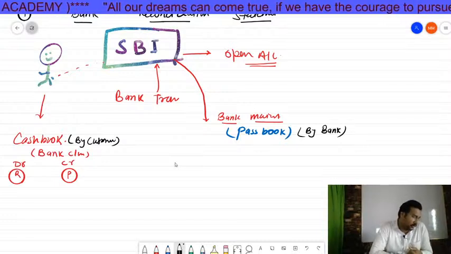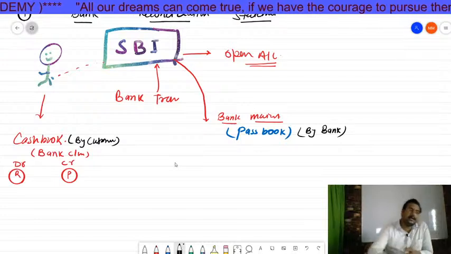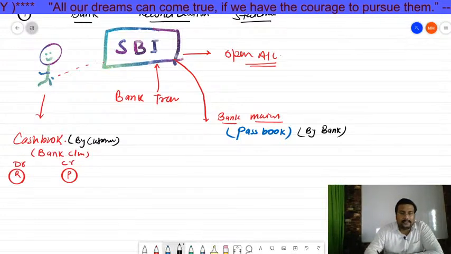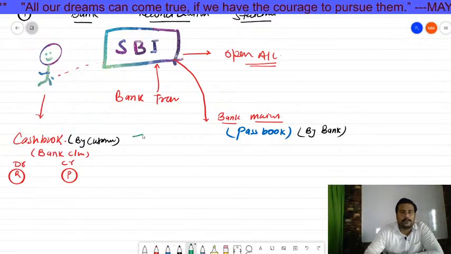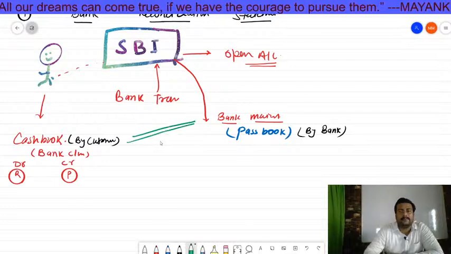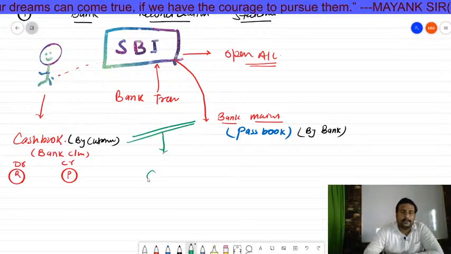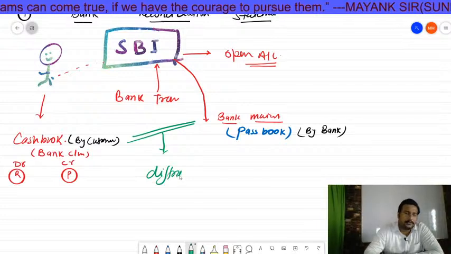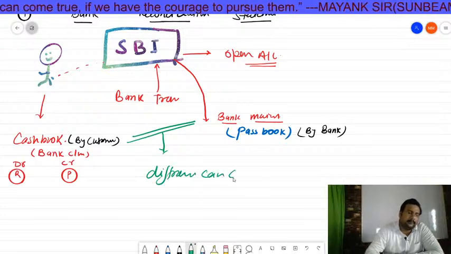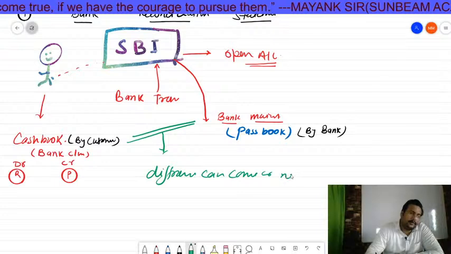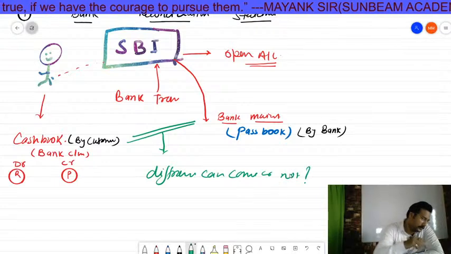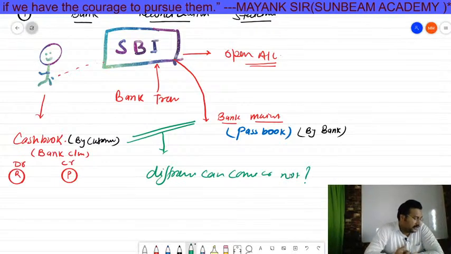It can be, or not? Tell me, guys, can a difference come between cash book and passbook or not?